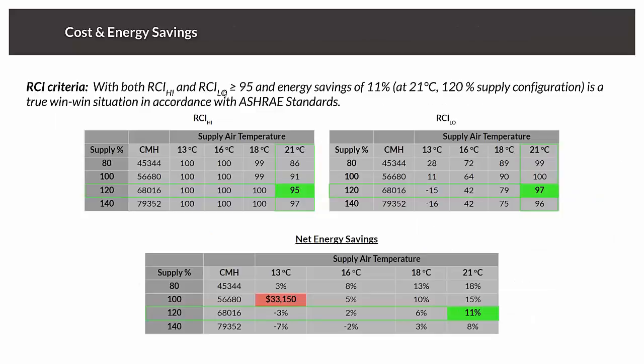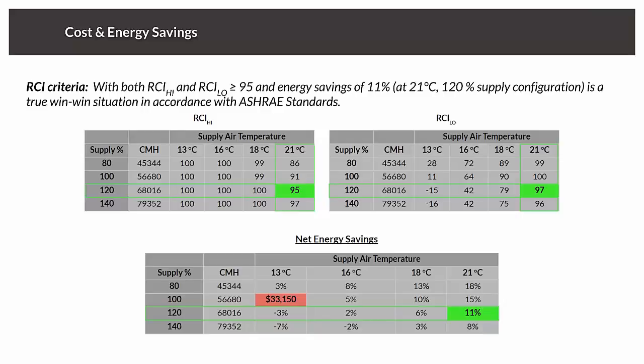So, using the formulas that I introduced a little earlier, we are able to calculate the RCI high and RCI low coefficients, which give us the best operation conditions, or the scale of the operation conditions for the system. And when it comes to the RCI high unit, we notice that basically all the operation conditions with the low temperatures are working fine for us, and we could choose any one of them, except for the low volume air supply.